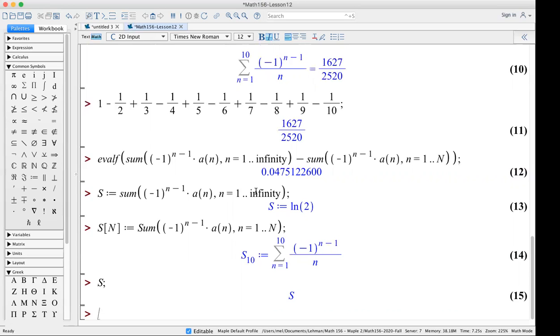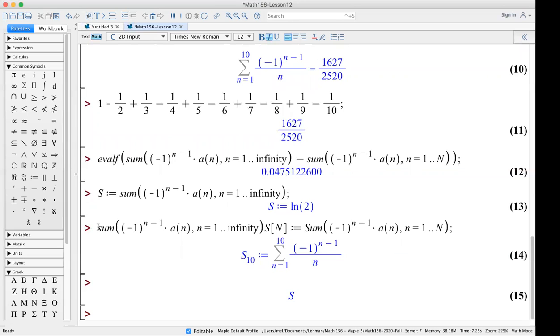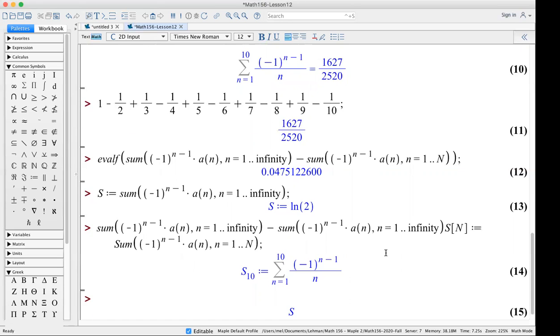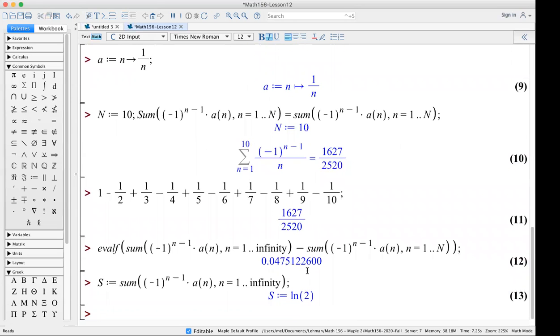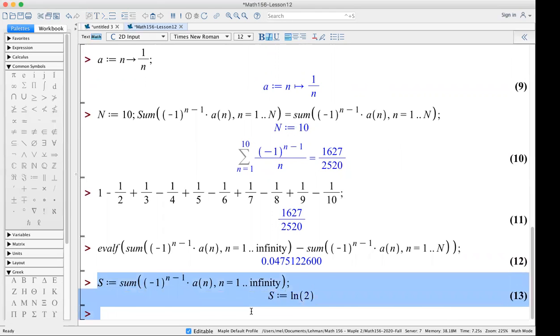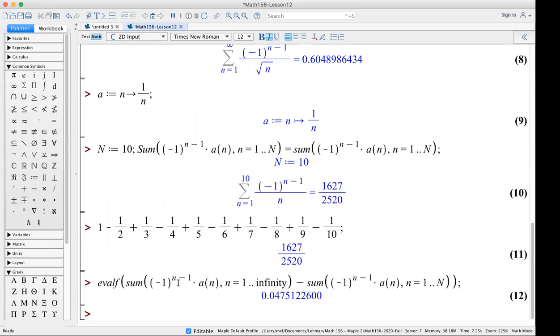So let me do it differently. So this is the sum from 1 to infinity.